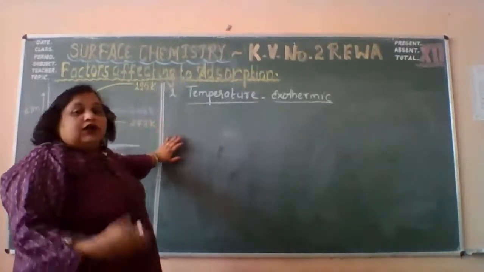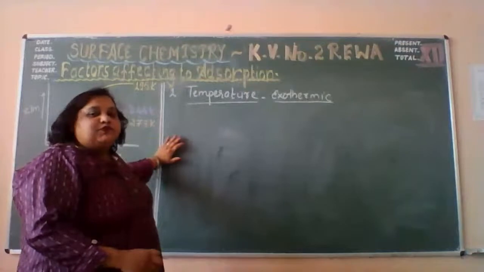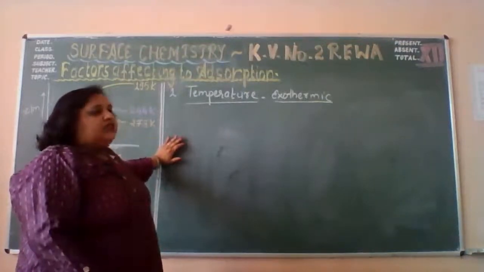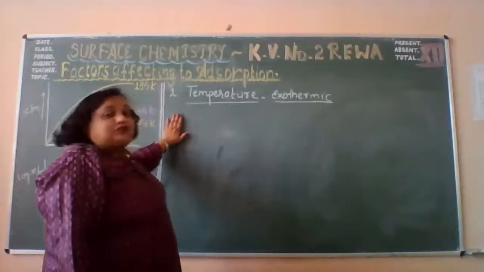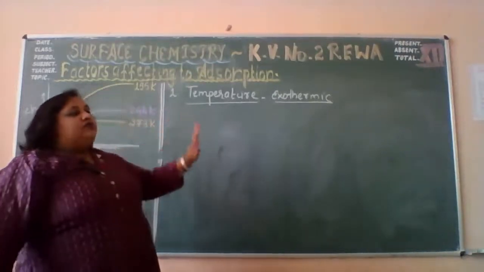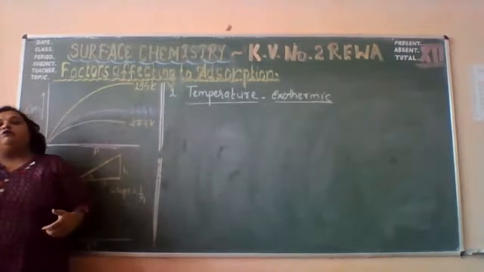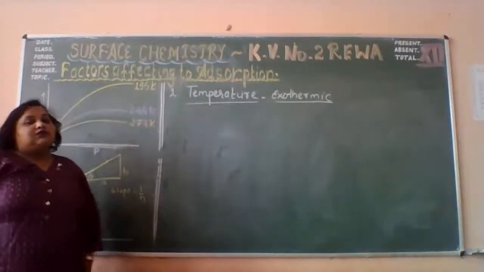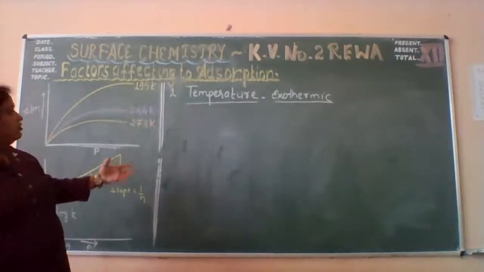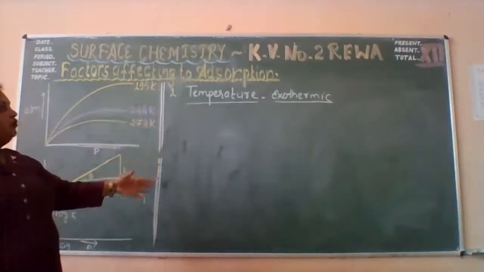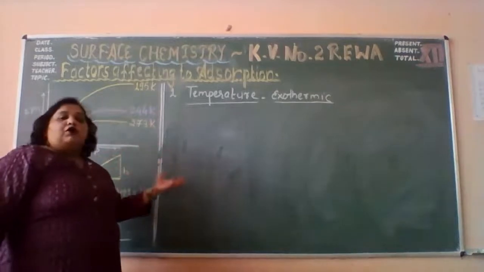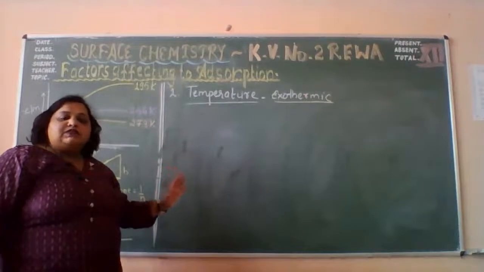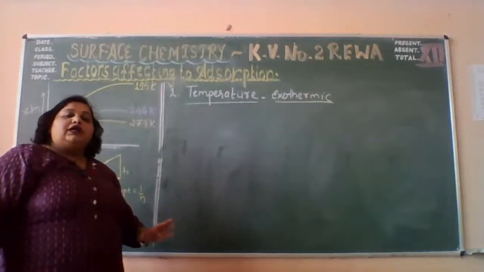If the adsorbate and adsorbent are the same, the pressure is the same, the surface area is the same, and the other variable factors are the same. Whenever we study the effect of any factor, we have to keep all the other variables constant. Similarly here, if you are going to study the effect of temperature, you have to take the same weight of adsorbent.